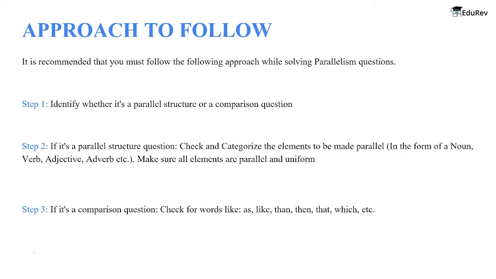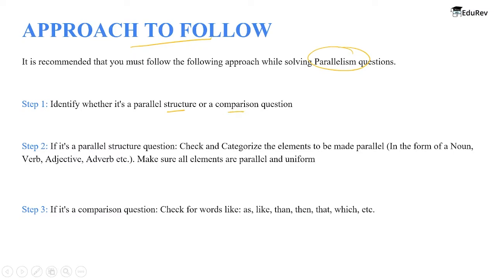Alright. Moving on to the approach to follow. It is recommended that you follow this approach while solving parallelism questions. So what is step 1? Step 1 is to identify whether it's a parallel structure or a parallel comparison question.